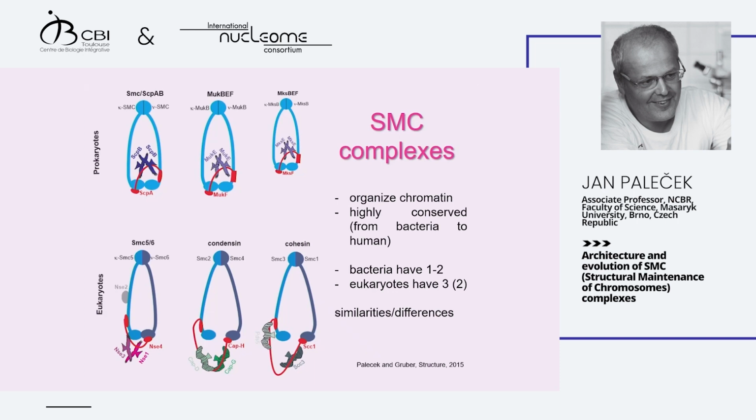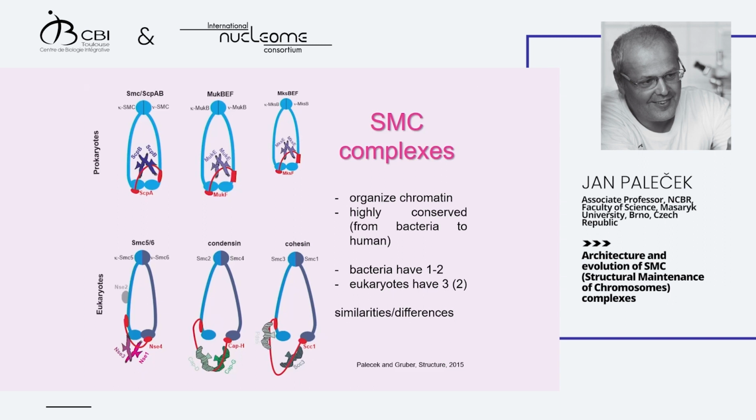Usually you have the SMC-ScpAB complex in bacteria, or MukBEF, combined with the MksBEF complex in some of them. In eukaryotes, most contain cohesin, condensin, and SMC5/6. Only some ciliates miss this SMC5/6 complex.